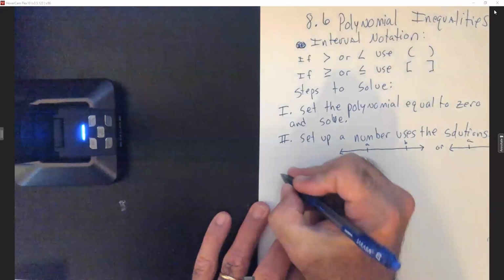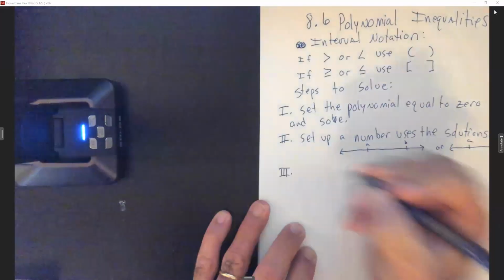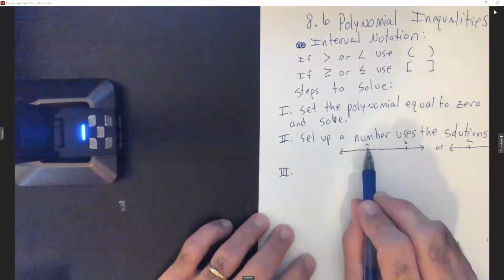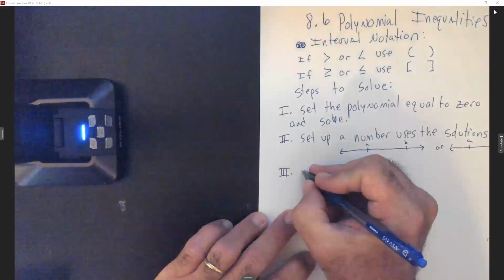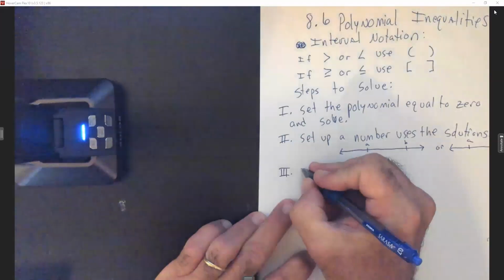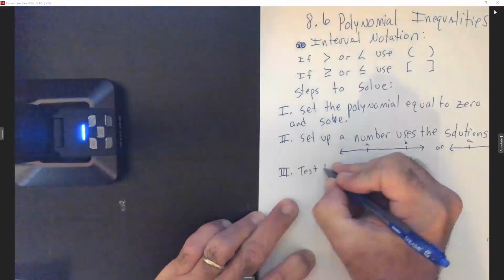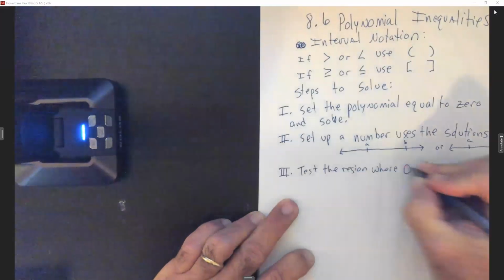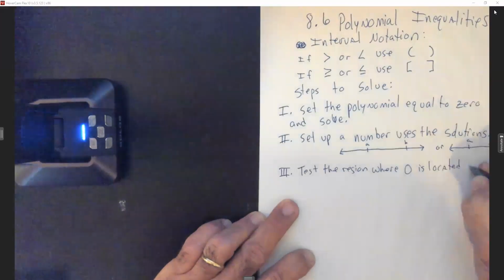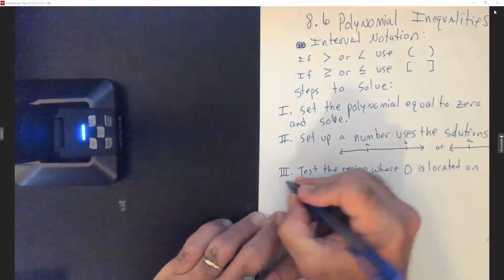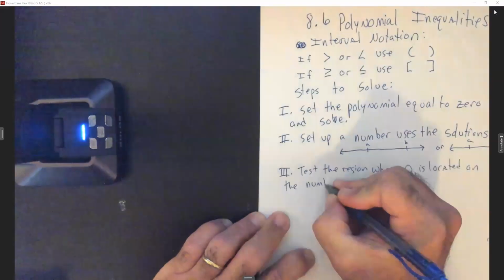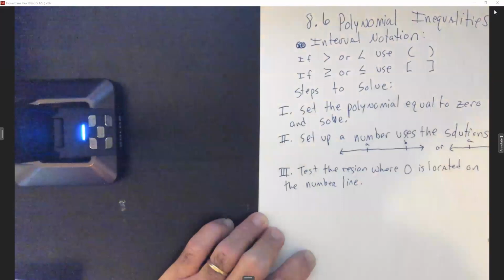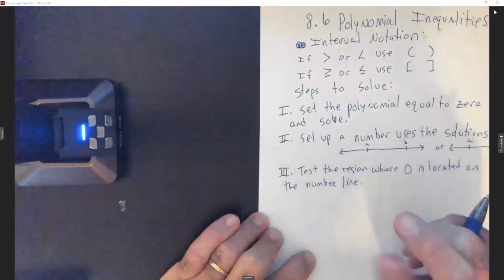So what I do, we're going to take our numbers and put them on the number line. Then we're going to test the region where 0 is located on the number line. And I'm testing 0 because 0 is the easiest number to stick back into a polynomial and work, okay?